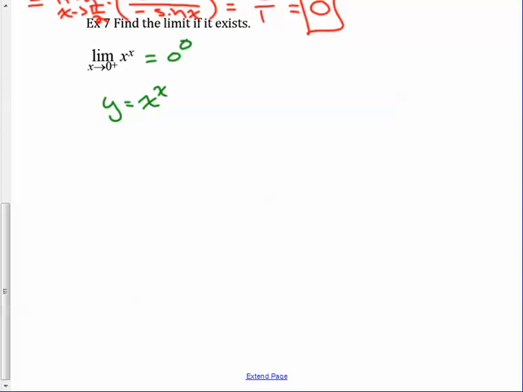So what we'll do is let x raised to the power of x be some function, and we'll call that function y. So y is a function of x. Now if I take the natural log of both sides, remember, this x can be pulled down in front, and I have this.